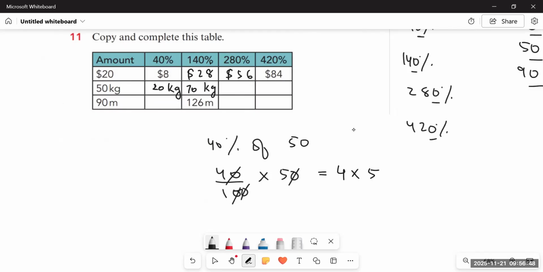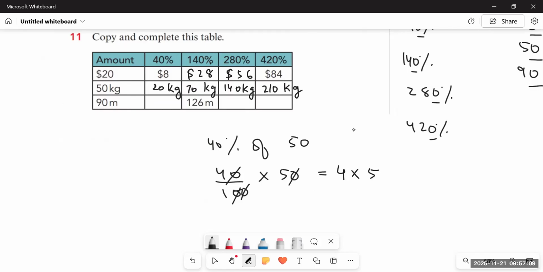The third one is 280% of 50. So it's 28 multiplied by 5, which is 140. And the last one is 420%, that's 42 multiplied by 5, which would be 210 kgs.